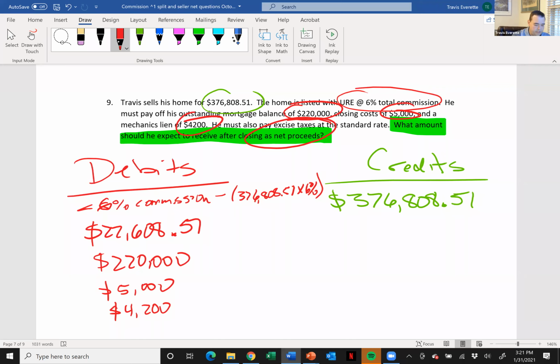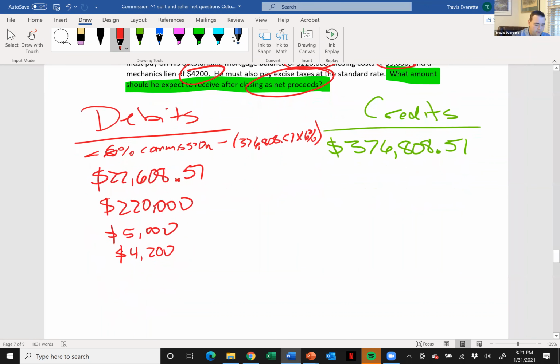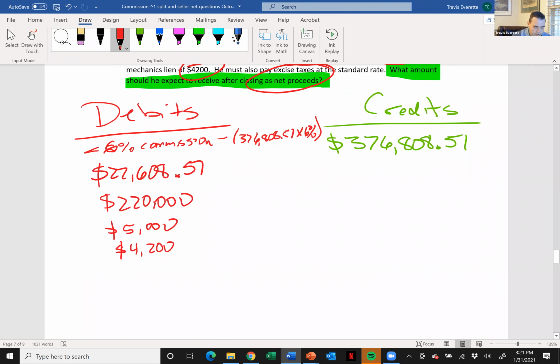That's a seller debit. So excise taxes, remember, are going to be the sales price, which is $376,808.51 divided by 500. That's $753 and about 62 cents in excise taxes.